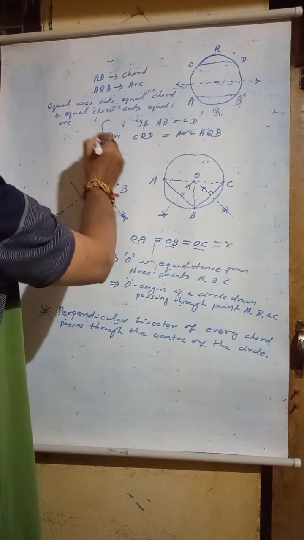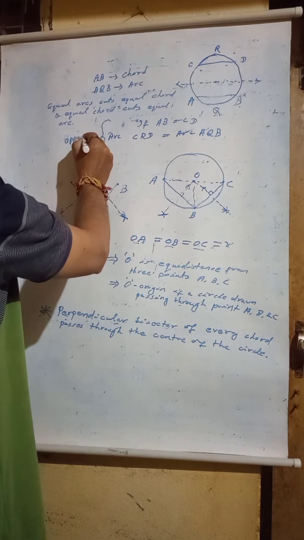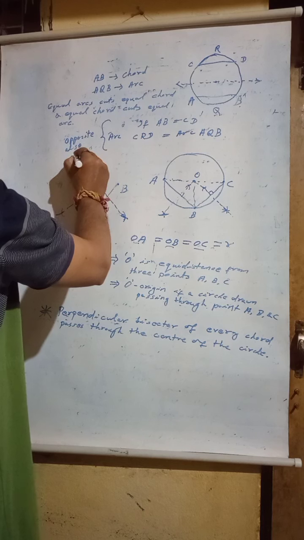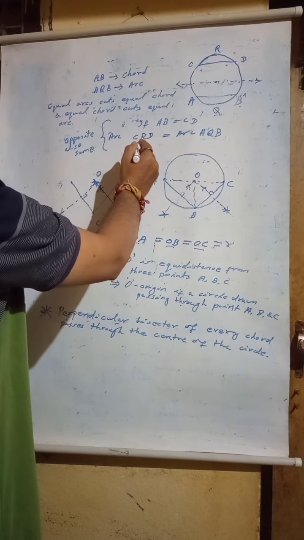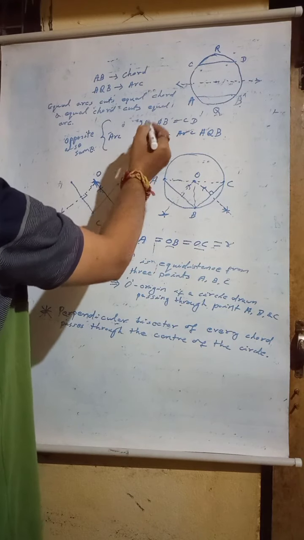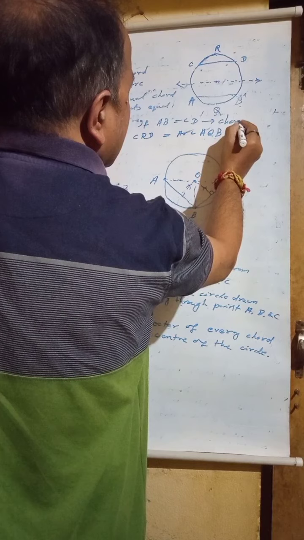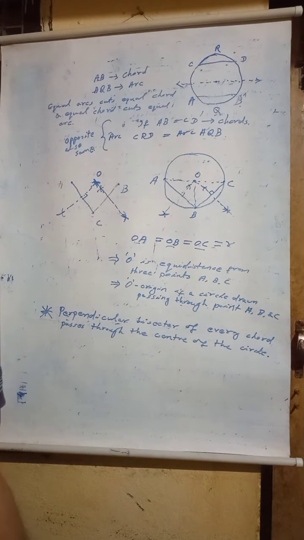It is also the same in the opposite case. That is, if two arcs are equal, then two chords are also equal.